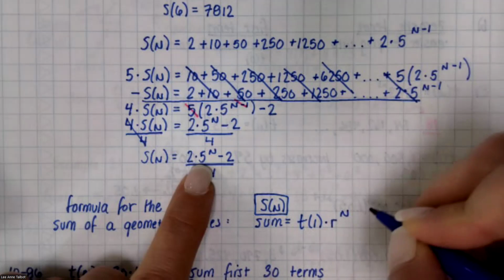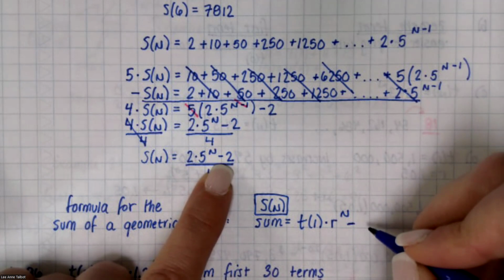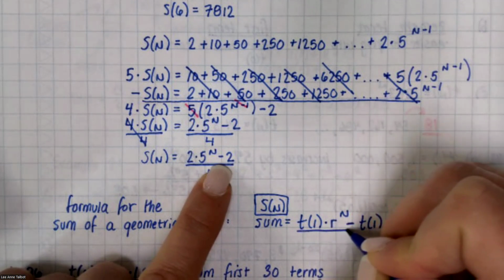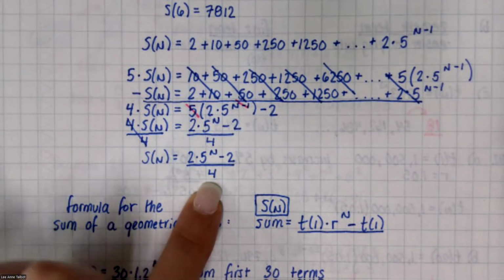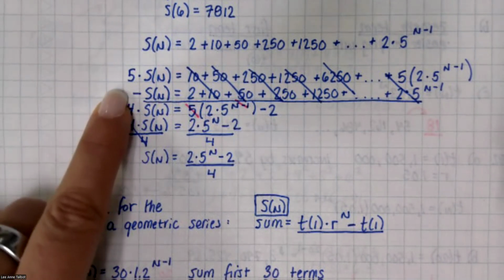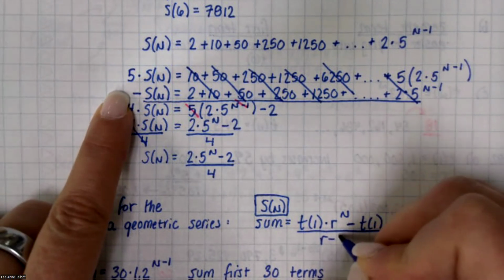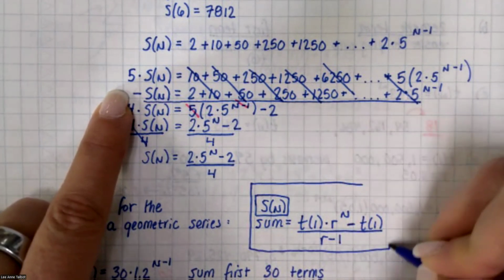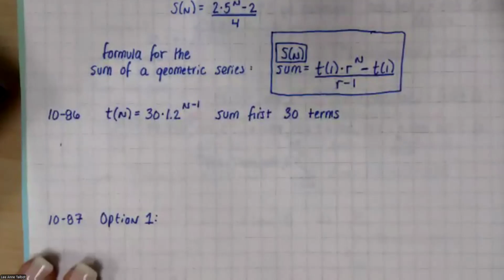The multiplier, to the n minus. What was the 2? The start again. And where did the 4 come from? The multiplier minus 1. Now you have the formula to do the sum of any geometric series.